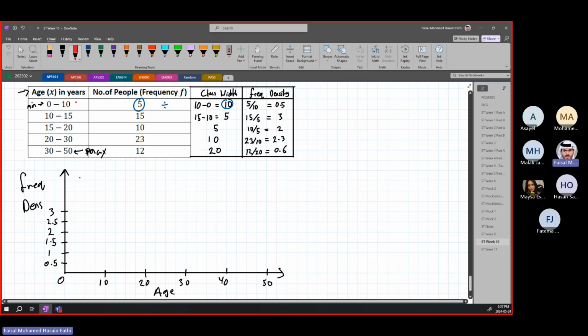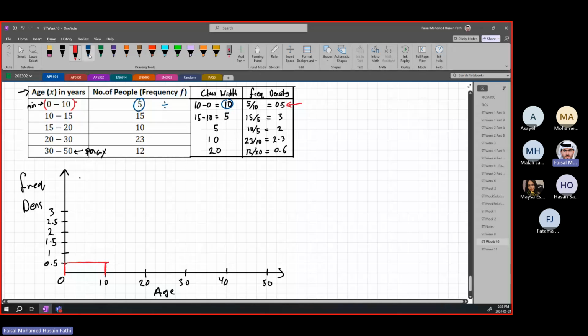For example, for this one, it's from 0 to 10, so you're going all the way from 0 to 10. And the value you're plotting is the frequency density, 0.5. So you're going up to 0.5 and stopping here at 10. This is for the first one.